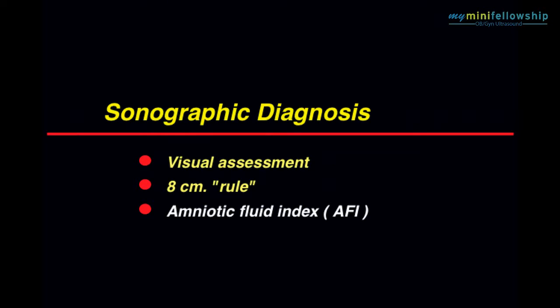The last one is the one that is probably most commonly used today, which is the amniotic fluid index. I am not a big fan of the amniotic fluid index. This is a notion, in my opinion, wherein someone says if one measurement is good, then 3, 4, 5, 6, or 7 measurements necessarily must be better.